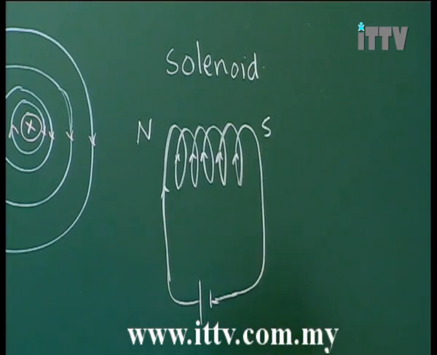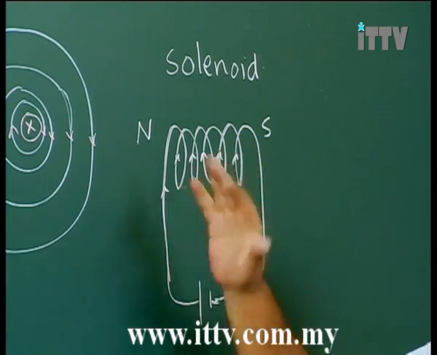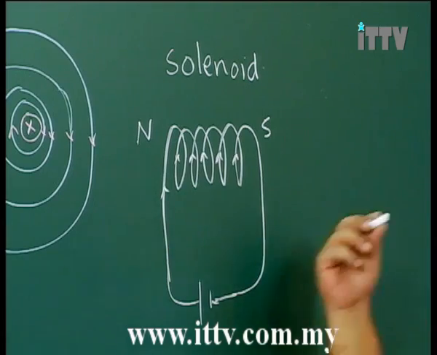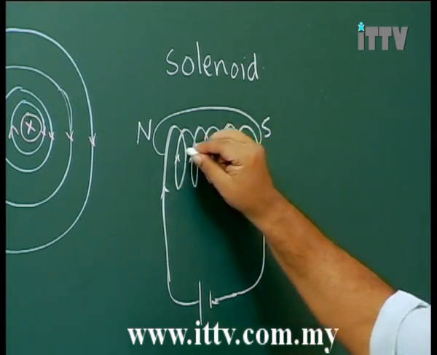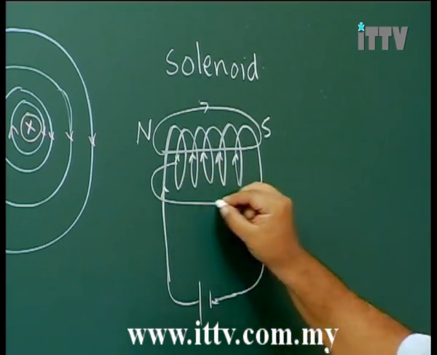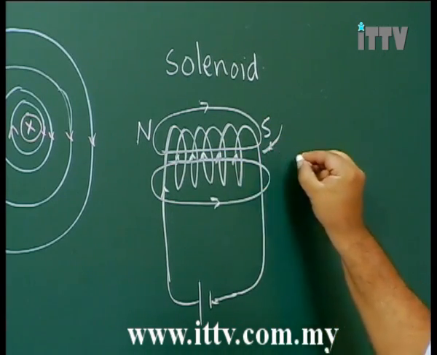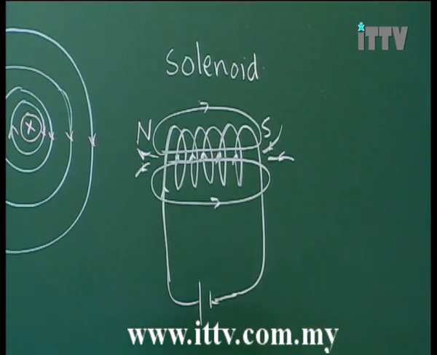If the current is flowing downwards, then you grip like this with your fingers pointing down. Then this will be north and this will be south. As we said, we have a magnetic field that goes from north to south like so, just like we have in a bar magnet, with the lines coming in over here and going out from north here.